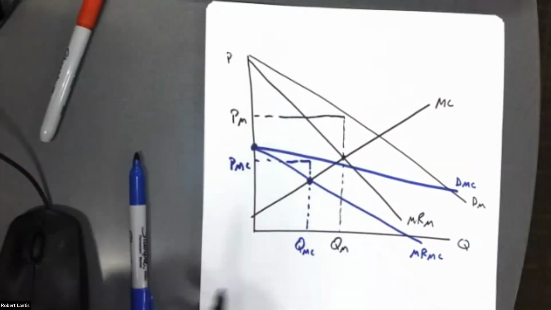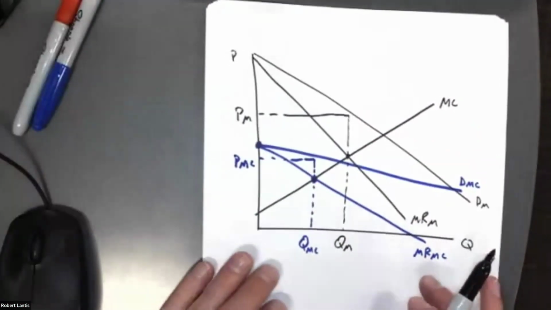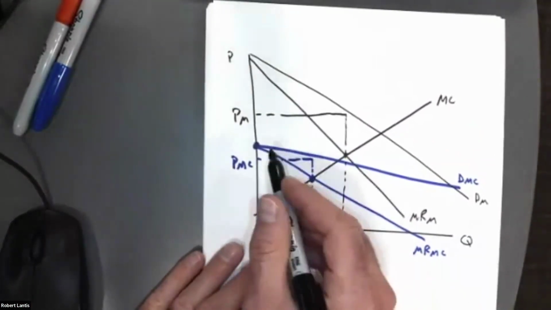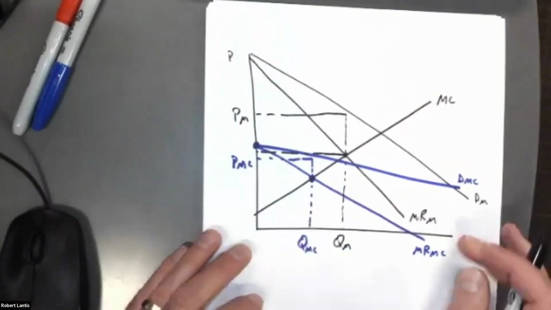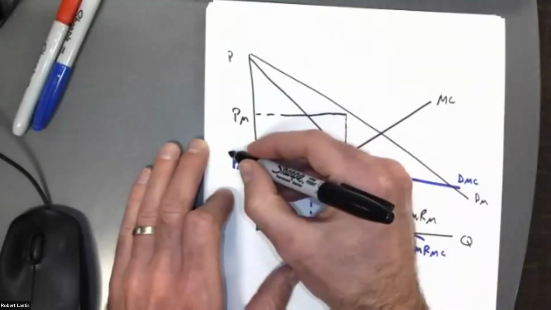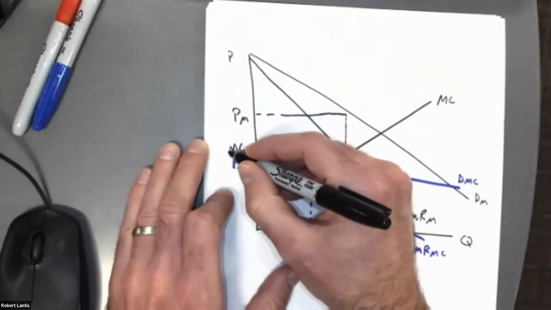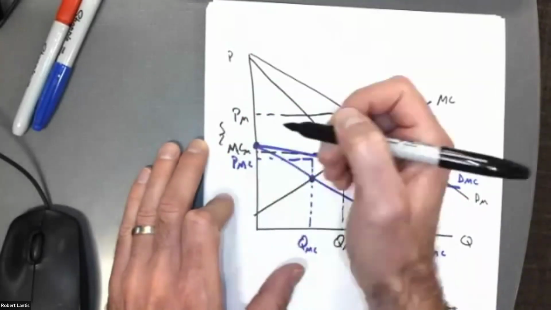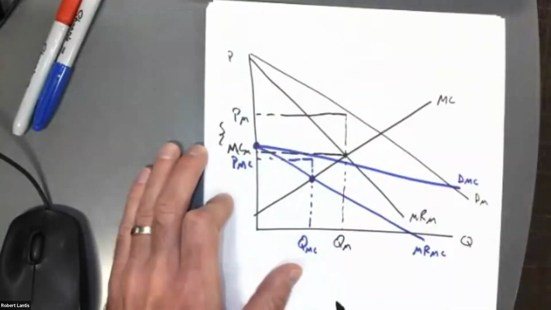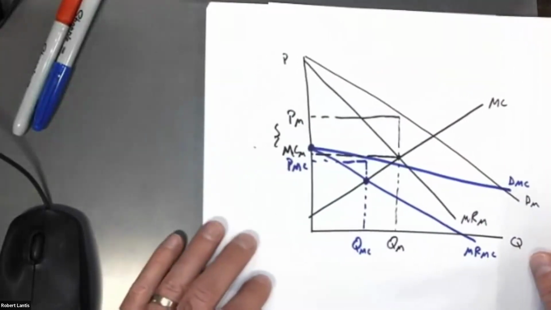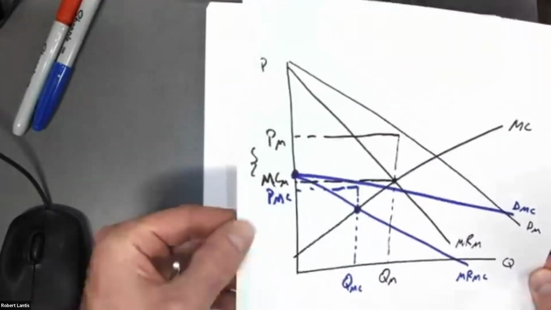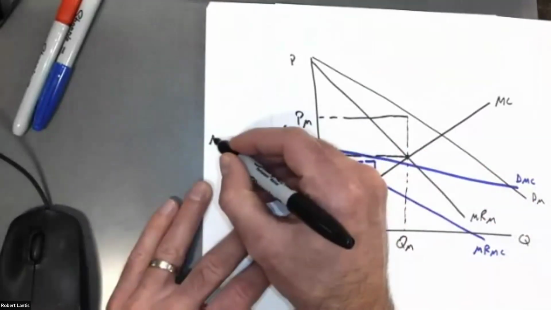Now, I'm kind of alluding to this a little bit here. I might come back and draw another visual of this, but to give some insights, because the demand curve that the monopolist faces is twice as steep, we can think about the difference between price and marginal cost here. Give myself some space to write over here.